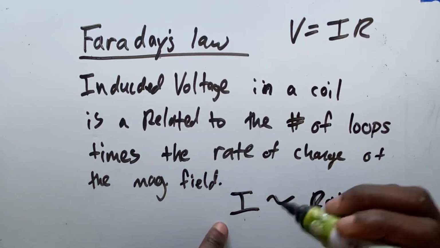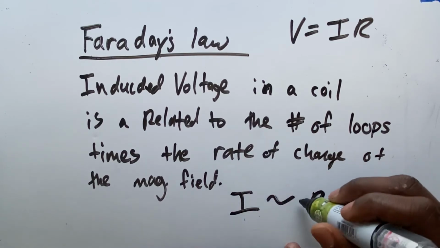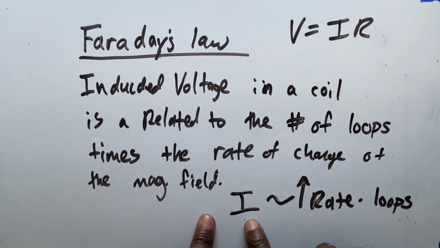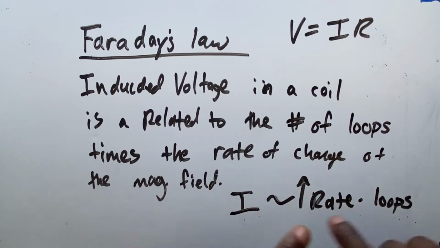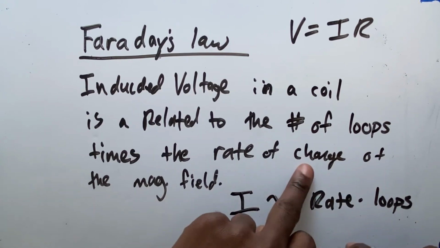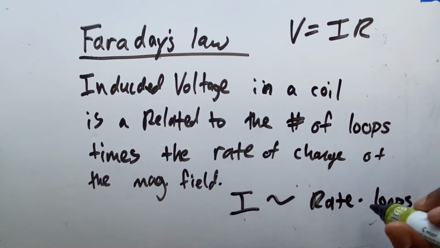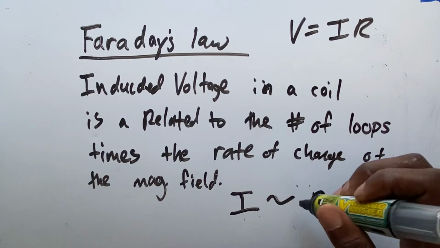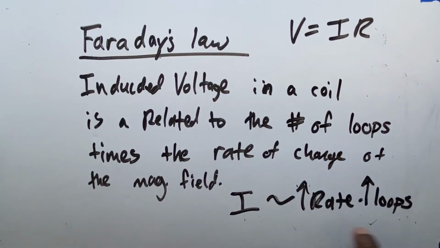So if we want to increase the current, we can increase the rate, or increase how fast you change the magnetic field. That increases the current. Or you can just increase the loops. So you increase the loops, then that increases the current, or you can increase both of them, right? Increase both of them, then that definitely is going to increase the current.